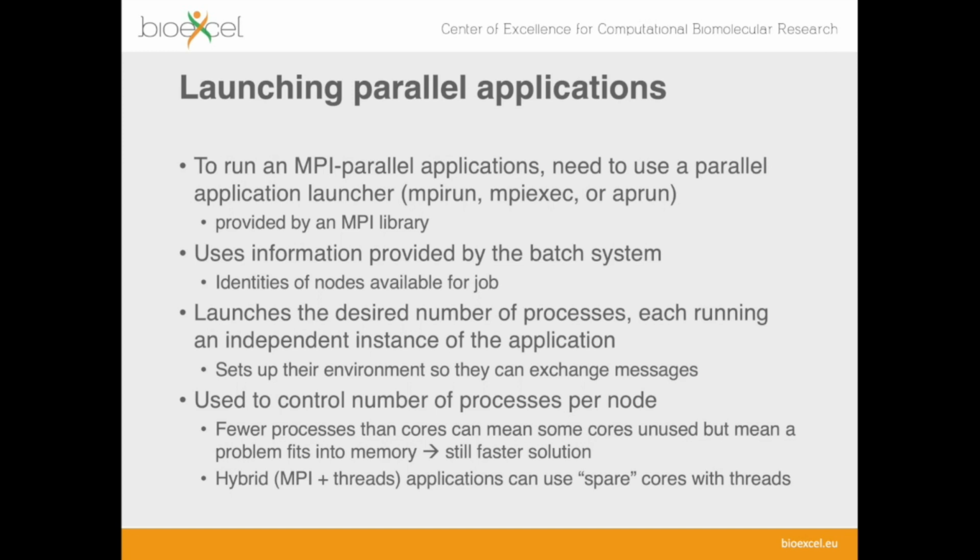It's also used to control how many processes there are on each node and how they sit on the cores. In combination with the number of threads per process, which you'll see in the coming days, in the practicals as well as the talks, this can be combined to use the available cores in particular ways.